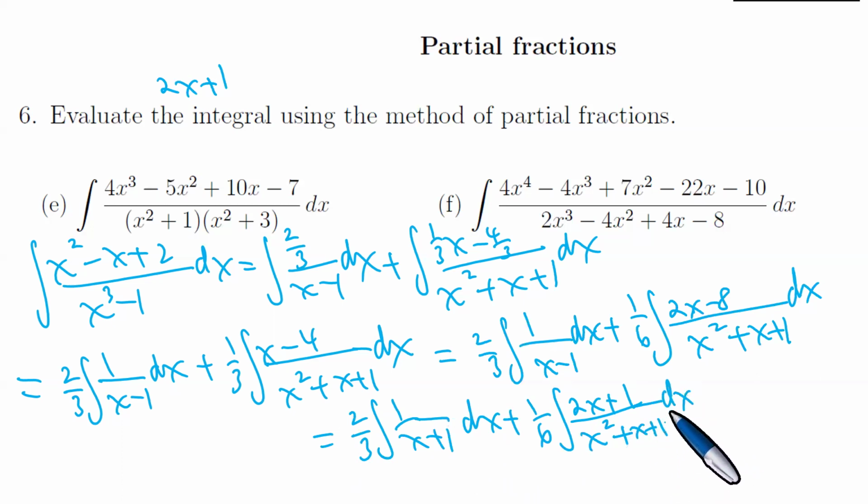Now here you need a minus 9, because if you say 2x plus 1 minus 9, then 1 minus 9 is minus 8.